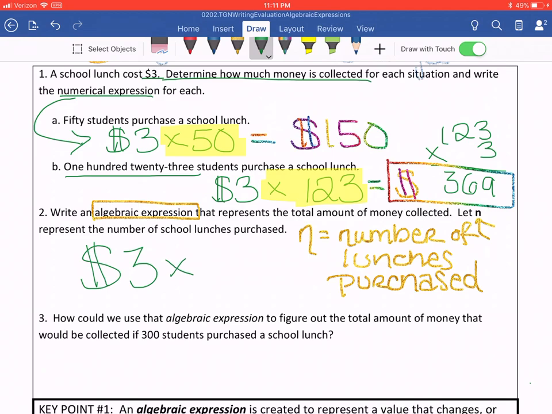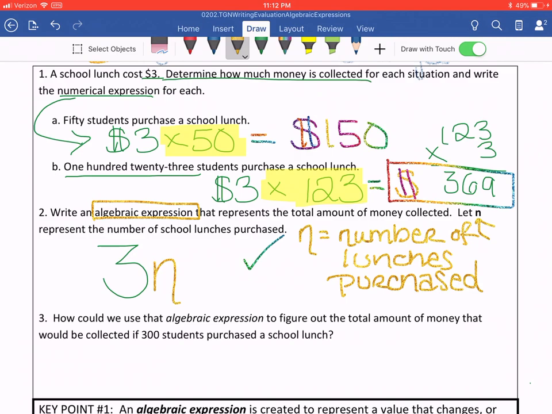But instead of multiplying by a specific number, we're going to just use N instead. And if we remember from yesterday, that is a perfectly acceptable way to write it. But an even better way to write it would be like this. We take our 3 and then we write our N right next to it like that. 3N.